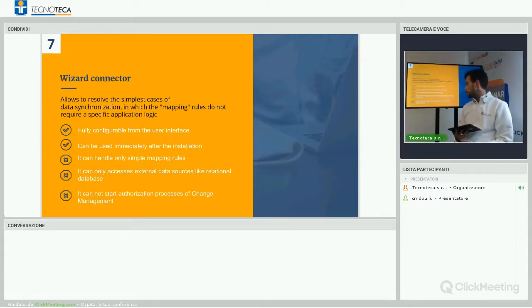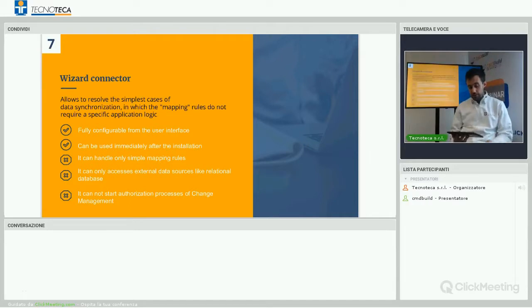Of course, it can only access external data sources like relational databases. It cannot work with other external data sources, and it is not set up to automatically start authorization processes. For example, sending out a report to the authorization manager, the change manager, who can approve or reject the editing that has just been made by the connector.